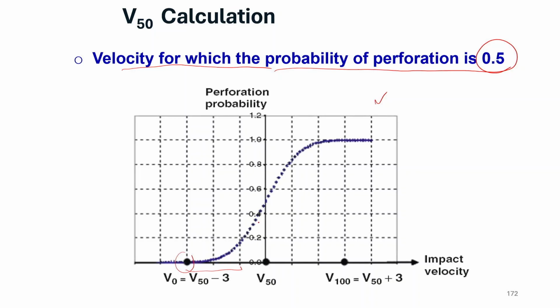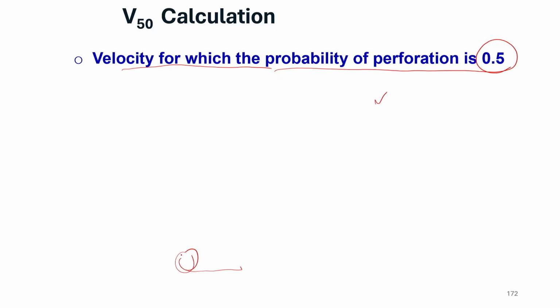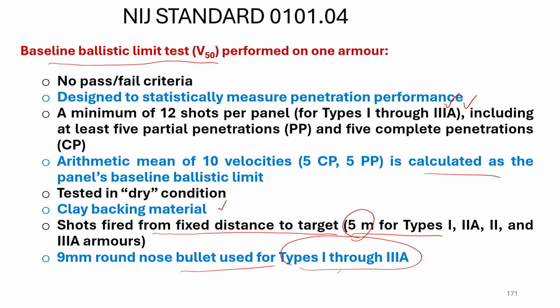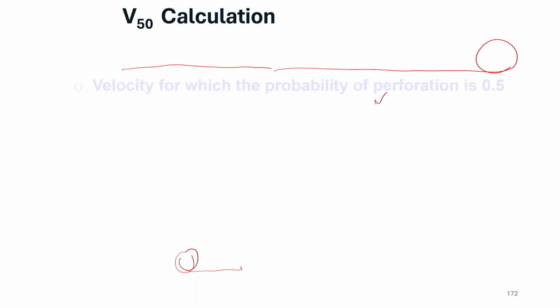So, gradually we are increasing. At a certain velocity above that, and below a certain velocity there is no perforation. So, I will go back here. At least 5 partial perforations and 5 complete perforations will be there. We know these speeds.